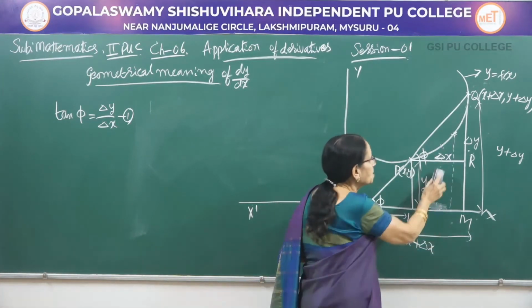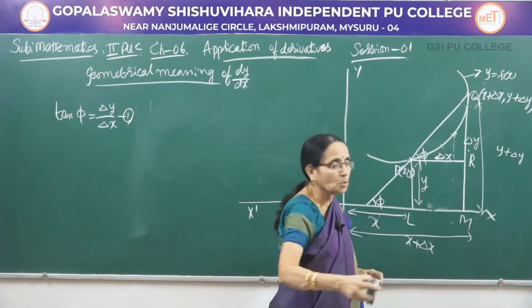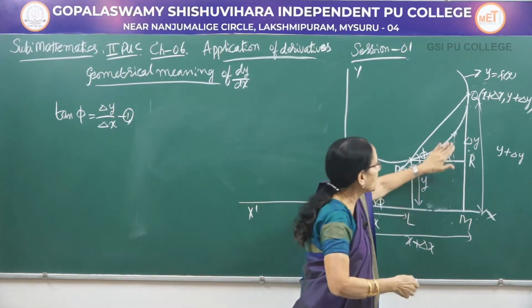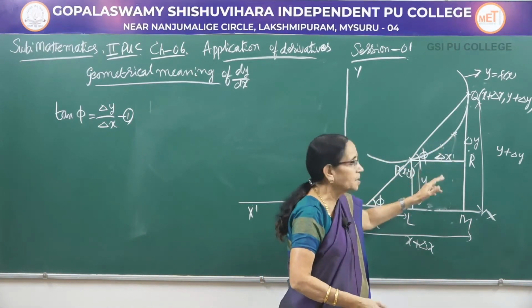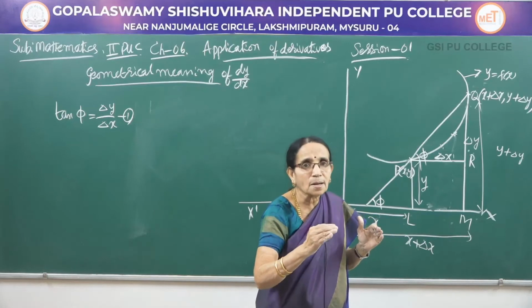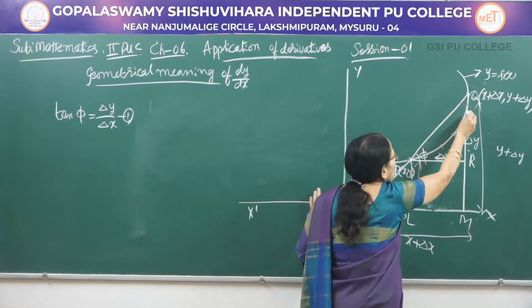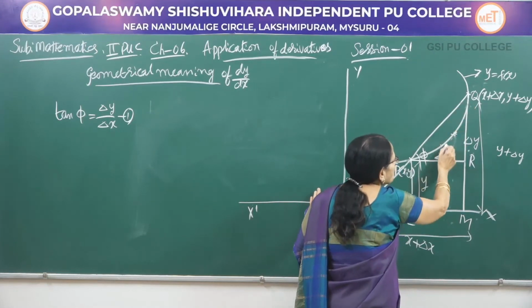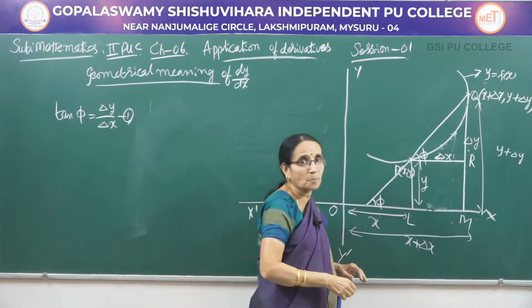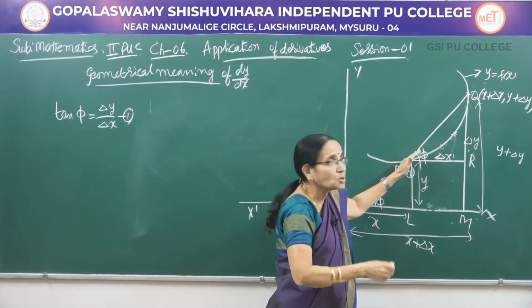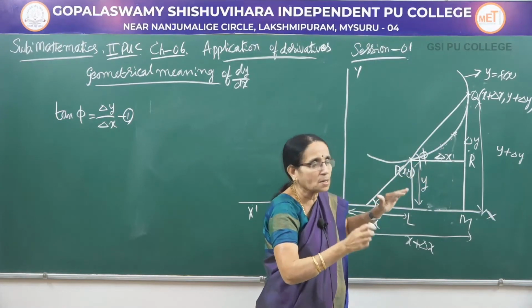So, what I can conclude from this, suppose the point Q starts moving along the curve towards the point P, the length of delta x goes on decreasing and decreasing. Finally, Q comes and coincides with the point P. The length of the chord is also decreasing and decreasing, delta x is also decreasing and decreasing.